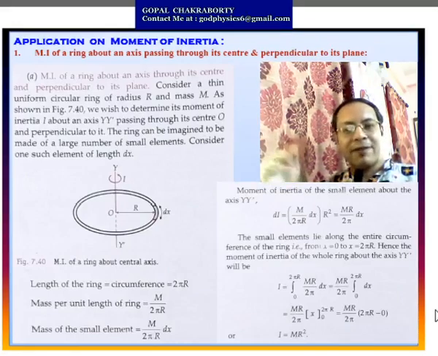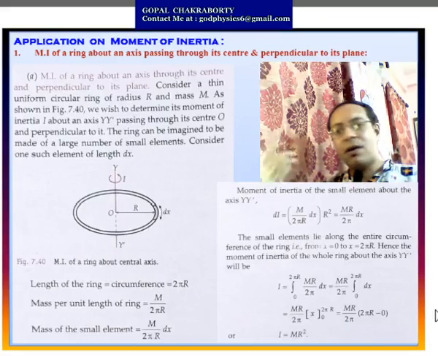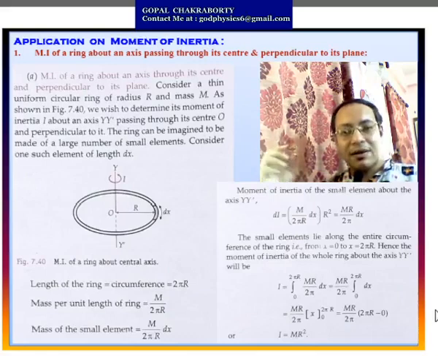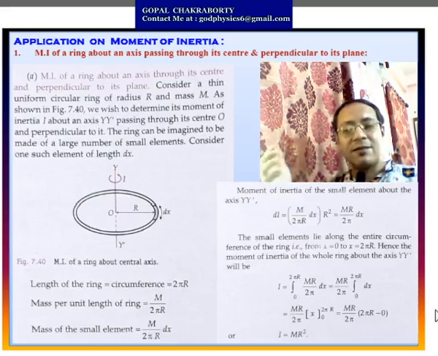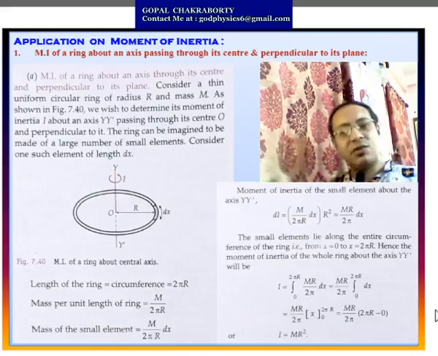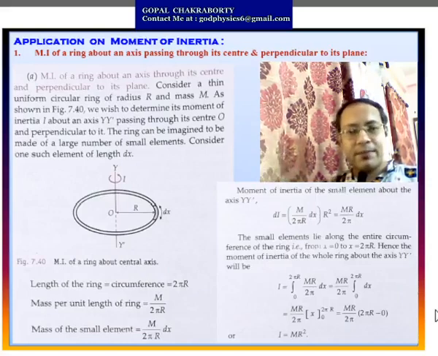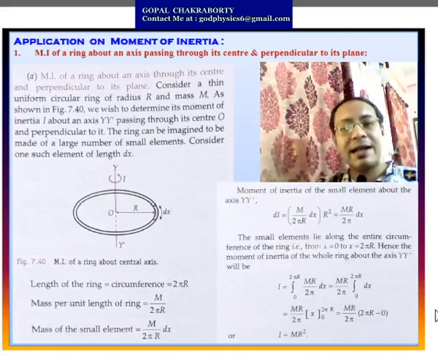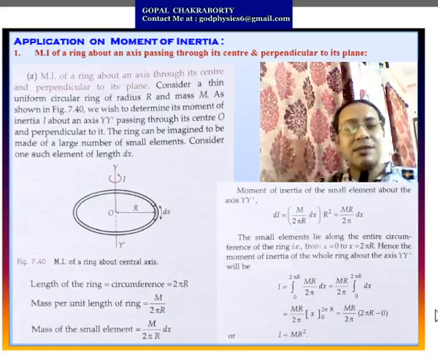After finding the moment of inertia of the small element, you take the integration over the whole ring, that is, over the angle 0 to 2 pi, or over the circumference from 0 to 2 pi r, which will complete the total ring and give you the moment of inertia of the whole ring. Here I have considered that capital M is the mass of the ring.